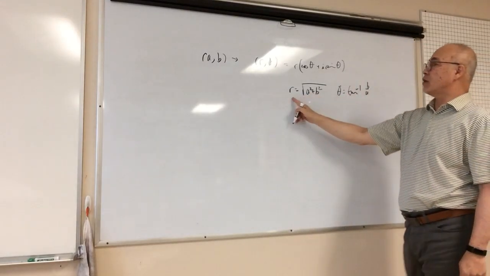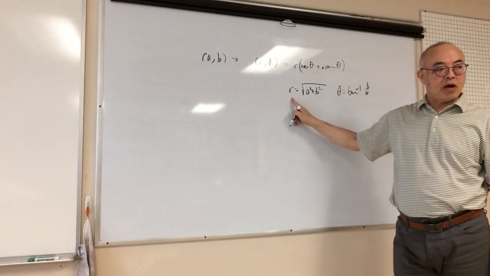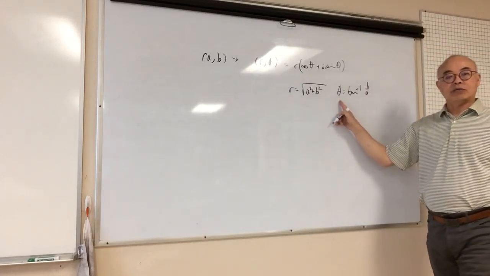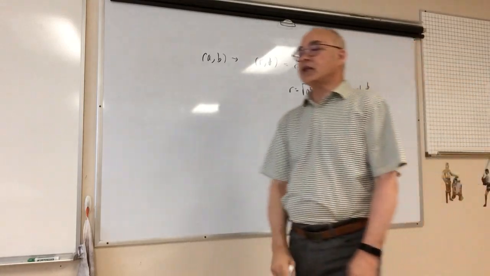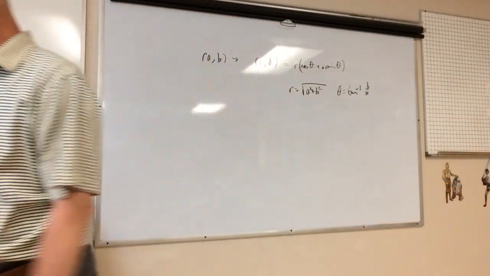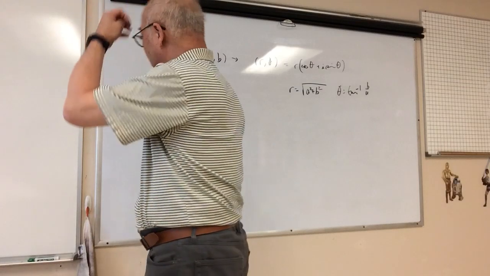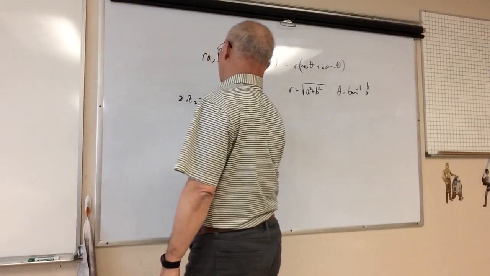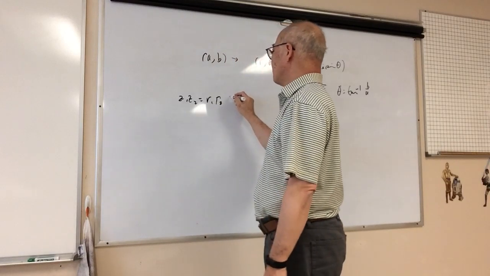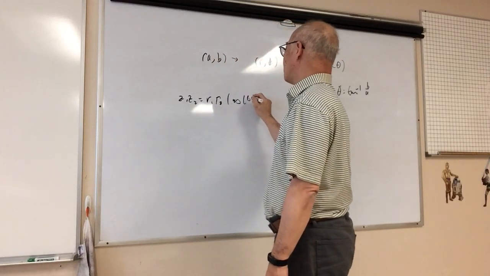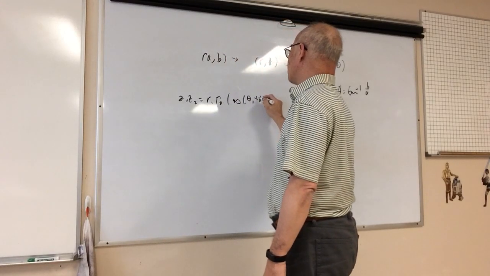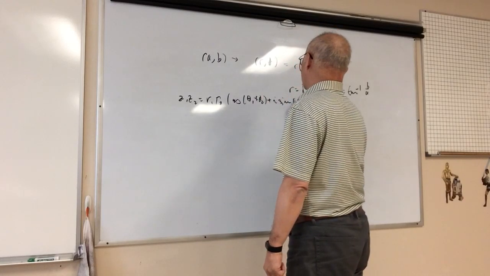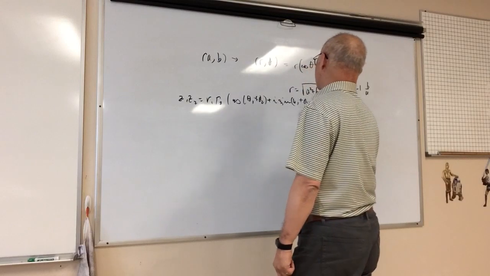So r was called the modulus. This was called the argument, right? Okay. So that's in a nutshell what we did yesterday. We talked about z1, z2 being r1 r2 times cosine of theta 1 plus theta 2 plus i sine of theta 1 plus theta 2, right?